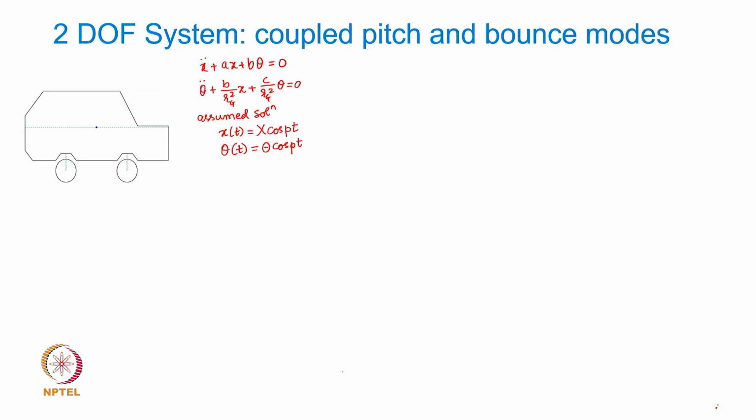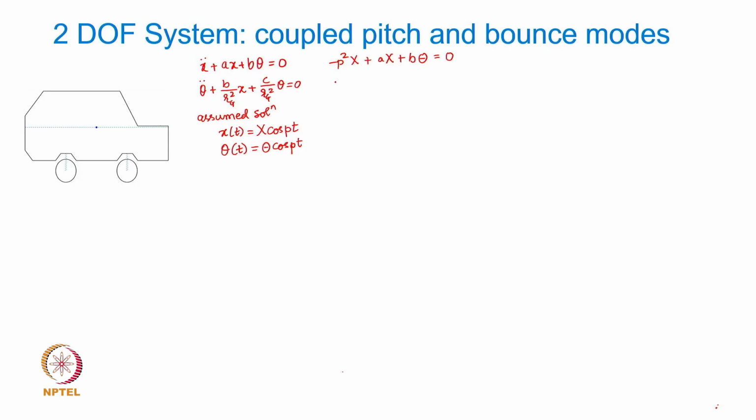If you substitute these assumed solutions in the governing equation of motion, obviously this becomes minus p square capital X cos pt. So cos pt will be appearing in all the terms, so I can take it out. A capital X plus b capital theta equal to 0. Cos pt cancels out throughout. x double dot is nothing but minus x p square cos pt.